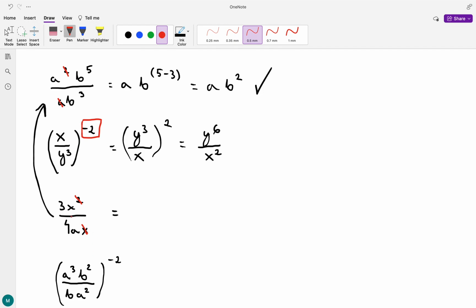Because x squared is just x times x, and then divided by x. That means we are only left with 1 x. So we are going to have 3x over 4a. Is there anything else to be done here? Not really. We can move on to the next example.